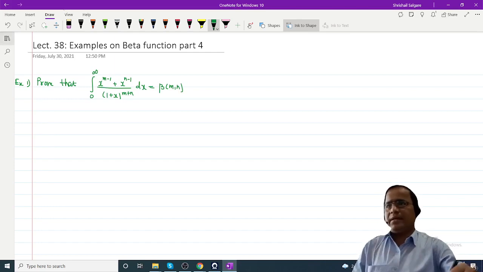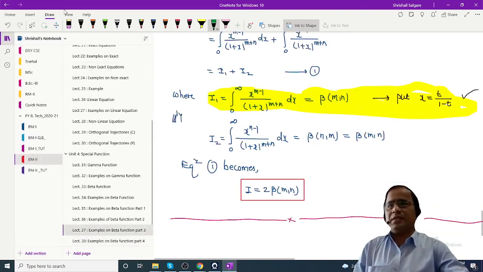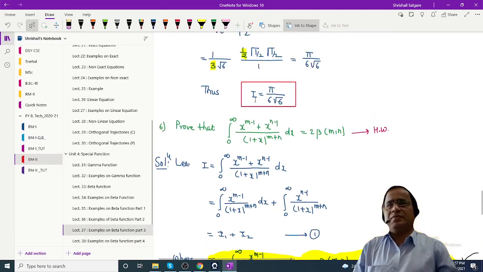Okay, I think we have seen the last example. If required, I will show that, this one from 0 to infinity.